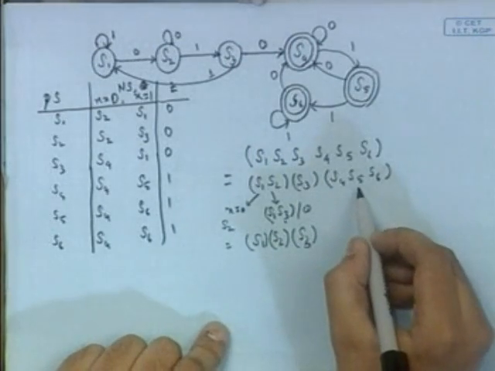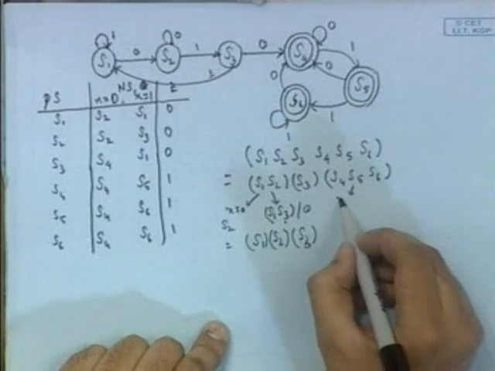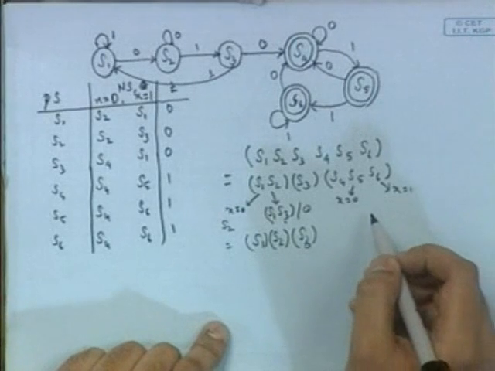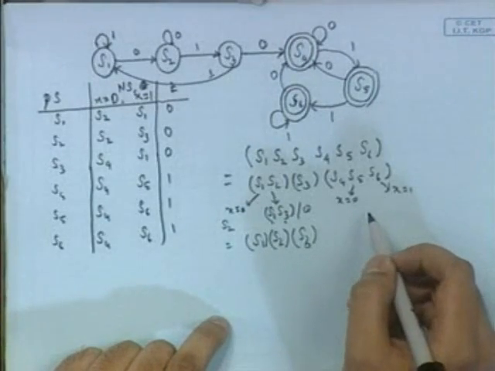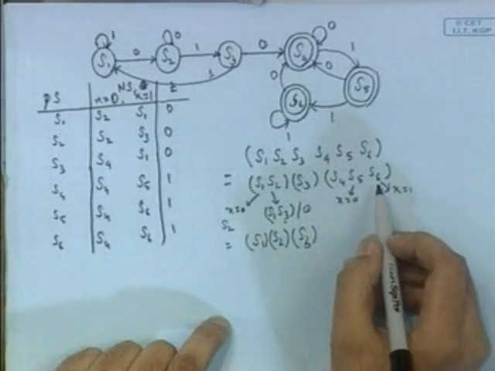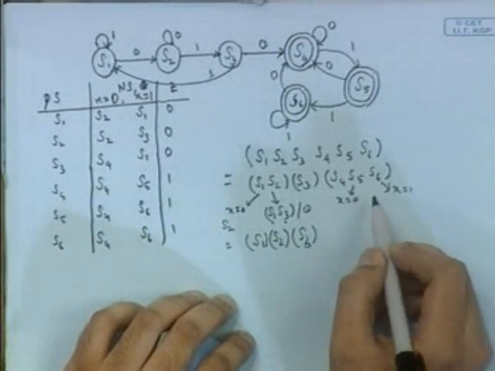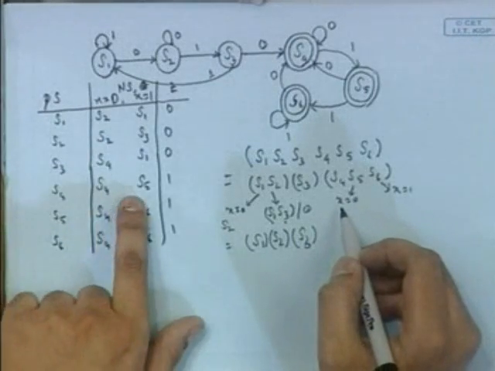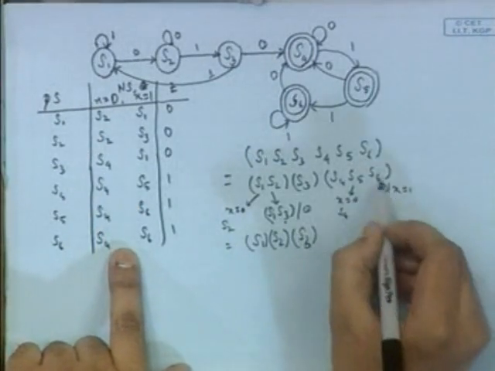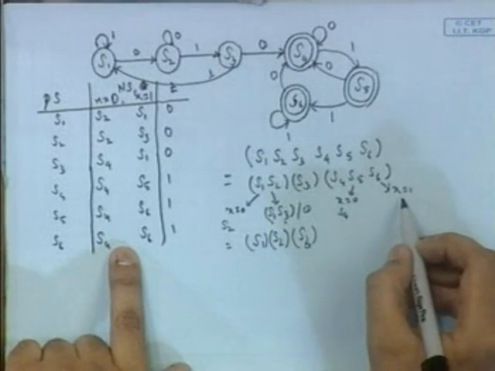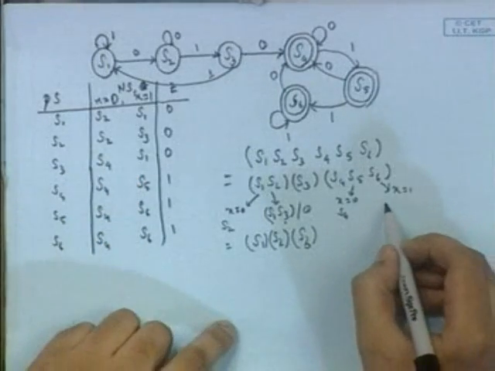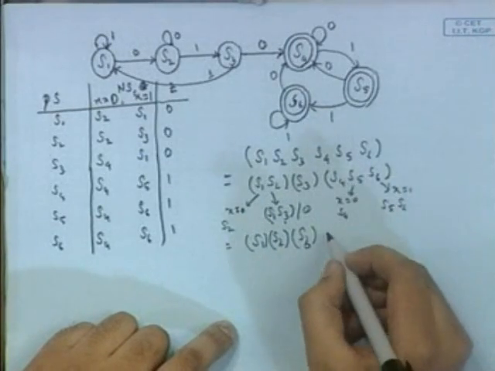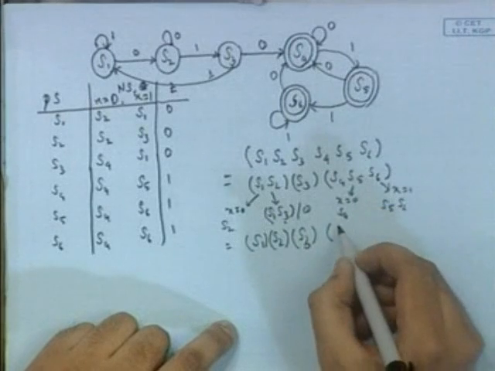Now for S4, S5 and S6, you apply input 0 and input 1 and see whether they go to states which belong to some other blocks. You can see that for x equal to 0, you will always go to S4, which belongs to this block, and for x equal to 1, you will go to either S5 or S6, which belongs to this block also. So they remain in the same block.